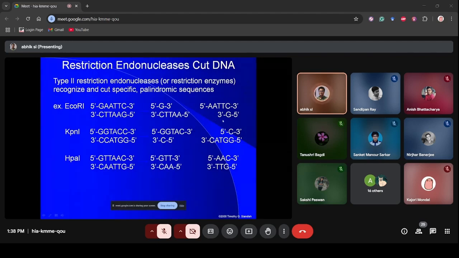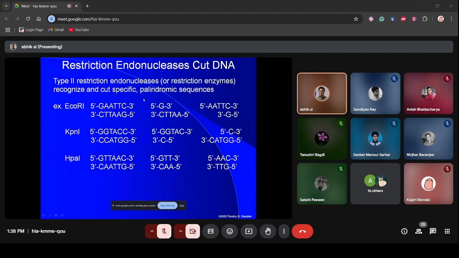And the same thing for the opposite fragment, the other fragment. It has a single stranded part, which is AATT, not C, because C is already paired with the G. So this single stranded part is AATT, and here the single stranded part TTAA exists.